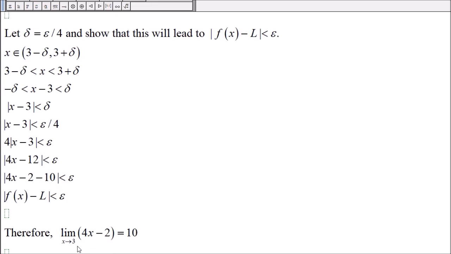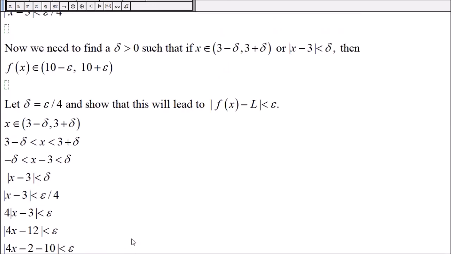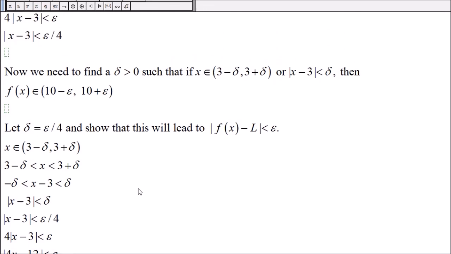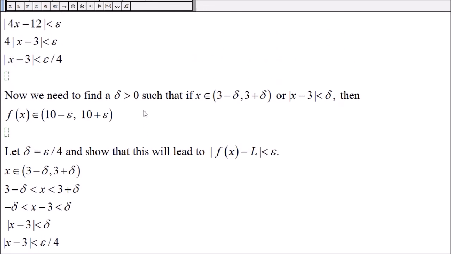And so that's what it means to prove this statement right here using the epsilon delta definition of limit. And once again, what that means is that once epsilon is given, then we must come up with a delta such that if x is inside of this neighborhood right here, then the corresponding y is inside of this interval.